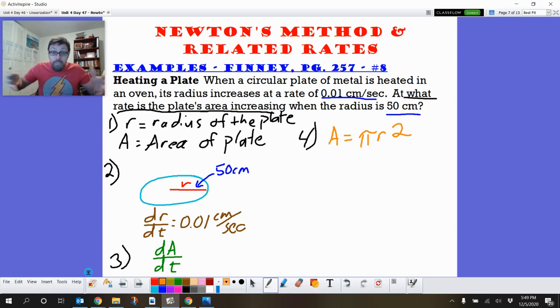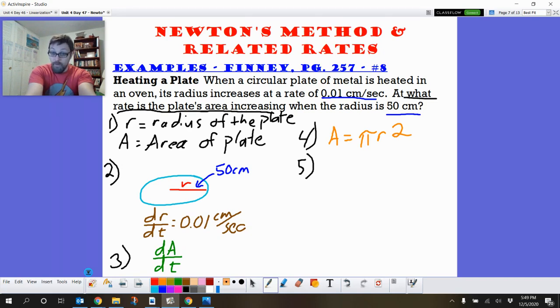I want it to get bigger because it is getting bigger as it's heating up. So I want to keep it as an r right now. That'll change in a little bit. That'll happen in step 6. So in step 5, I want to take the derivative of this thing with respect to t.